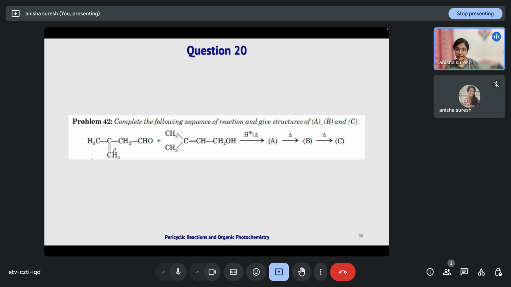Here an aldehyde and an alcohol are given, and they are treated under H plus condition. So some reaction will be taking place, and then followed by heating, delta.